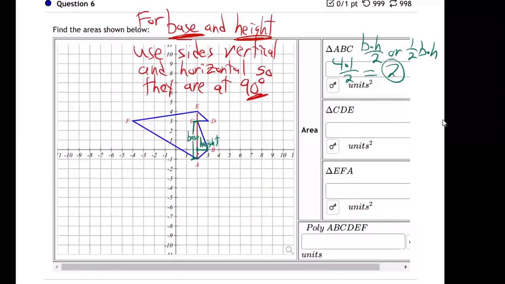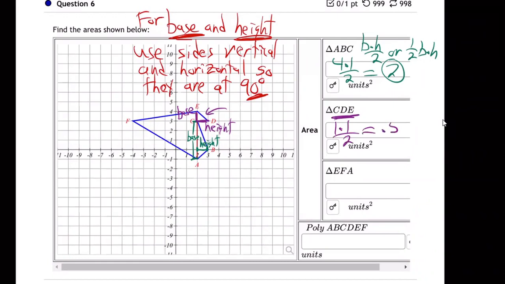Okay, let's now do the triangle up here. Next, CDE. So that's the triangle right there. Base and height again: this will be the base right here, and this will be the height right here, for that little triangle, because they're at 90 degrees, again using sides that are straight up and down and straight sideways. So that is going to be base times height divided by 2, so 1 times 1 divided by 2.